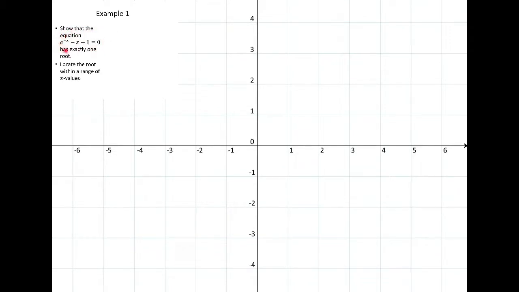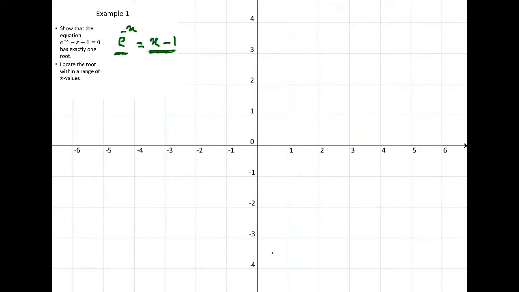So we're going to arrange it into two equations. We say e to the minus x equal to, we take x to the other side and it becomes x minus 1. So we're going to draw this graph on its own, and this graph.